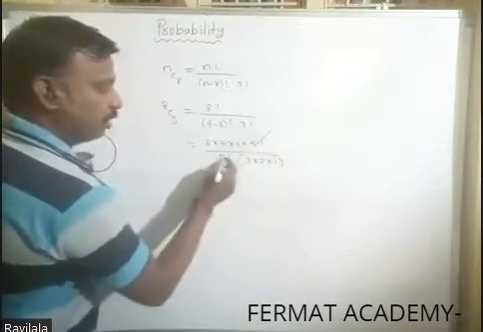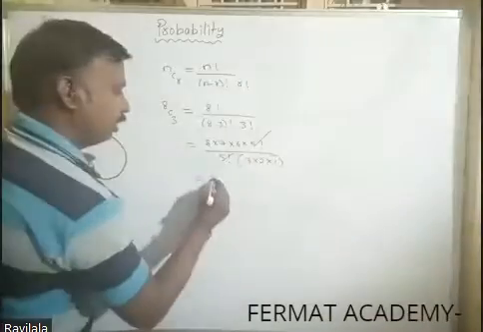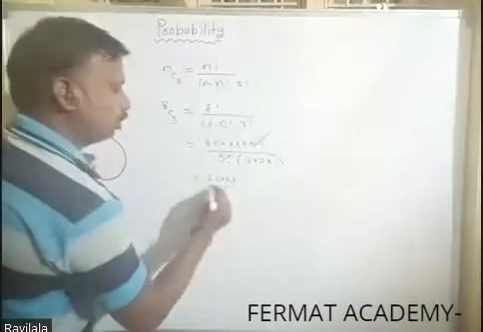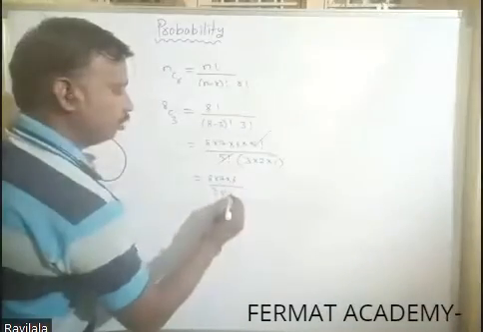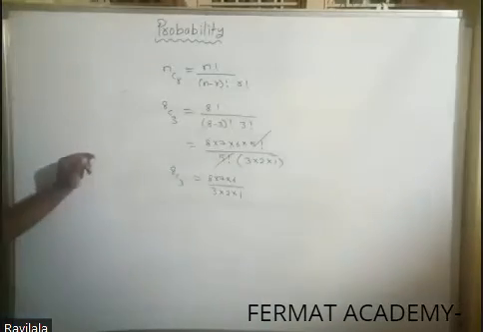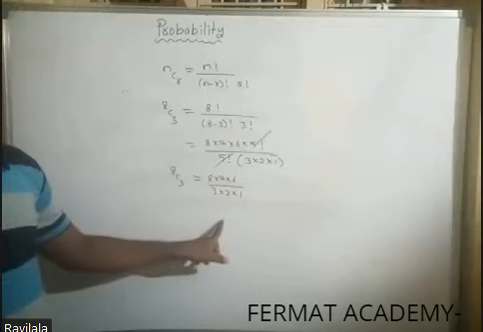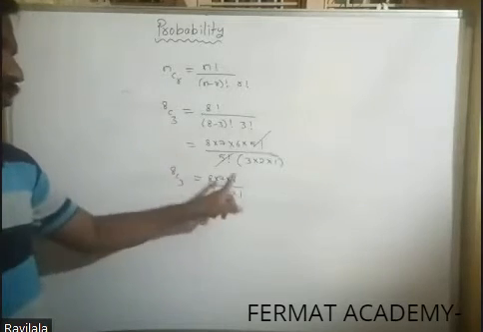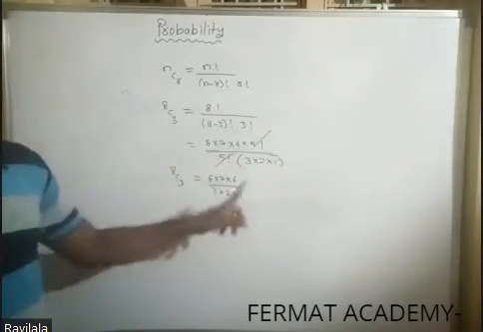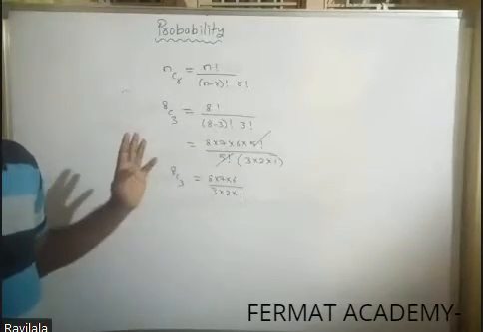The 5 factorials cancel. Remaining is 8 into 7 into 6 by 3 into 2 into 1. 3 into 2 is 6, cancel, 8 into 7 is 56. Like that you do the calculation.